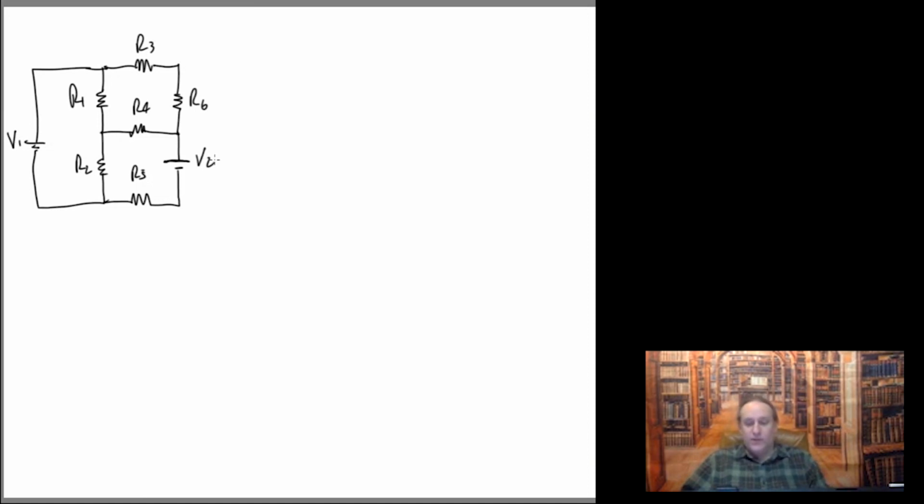So first, how many junctions do you see? I see 4. Do you see 4 junctions? Yeah, that looks like 4. Yeah, so let's see. There's one, there's another, there's another, there's a 4th one. So we can call these 1, 2, 3, and 4.